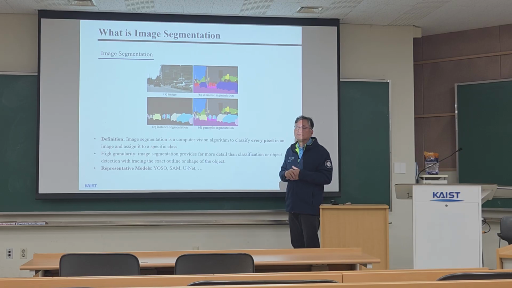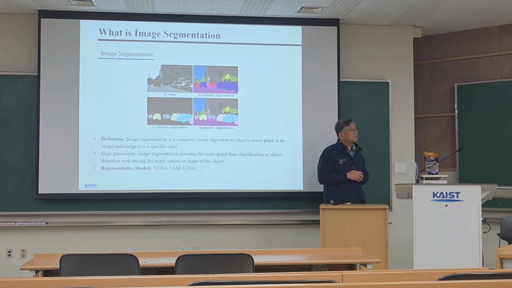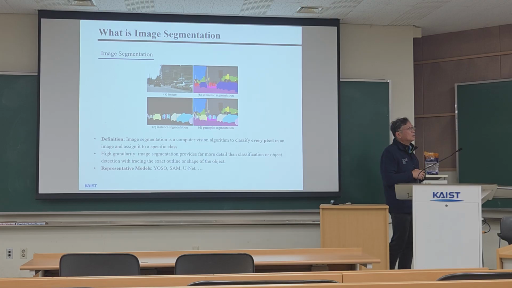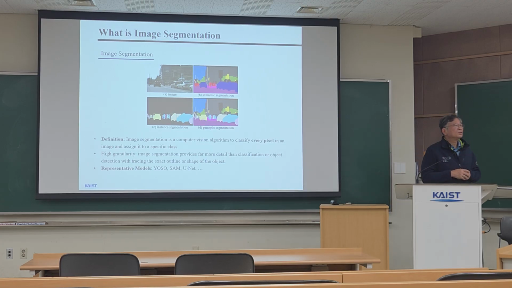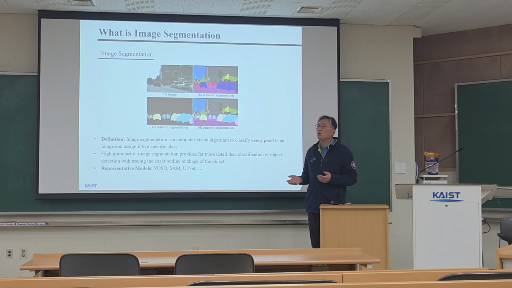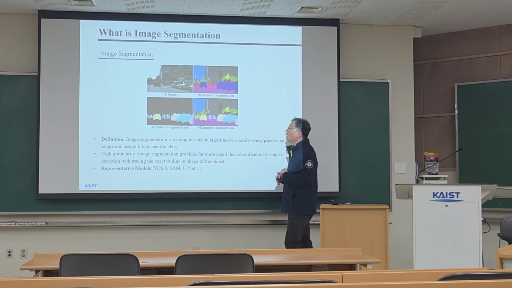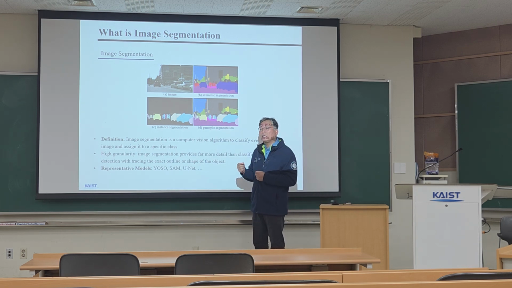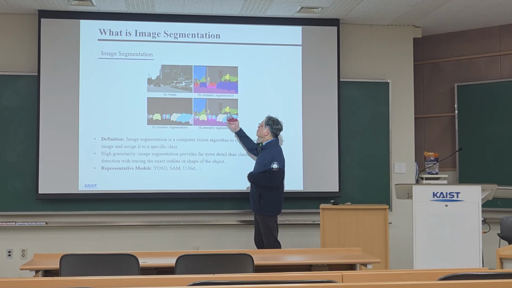So, semantic segmentation. In semantic segmentation, you predefine a class, maybe 100, 20, and you just label it, okay? And without distinction between different instances. Okay, so all the cars are the same.